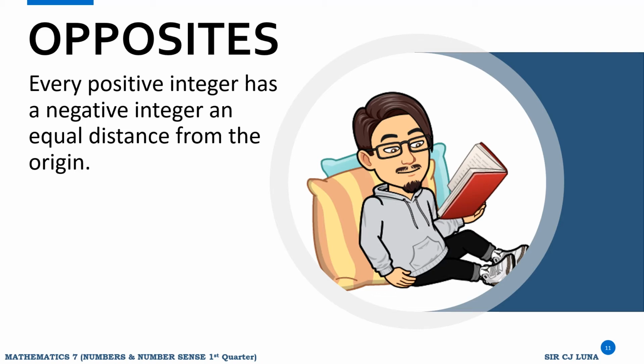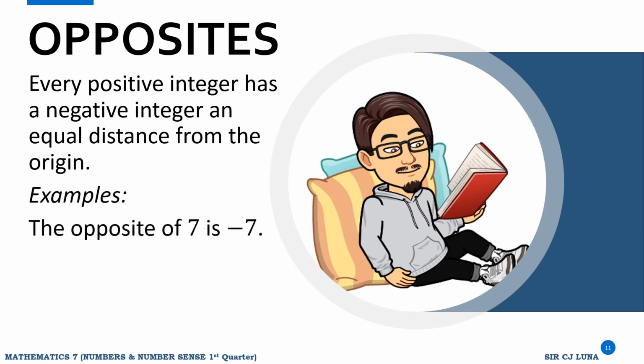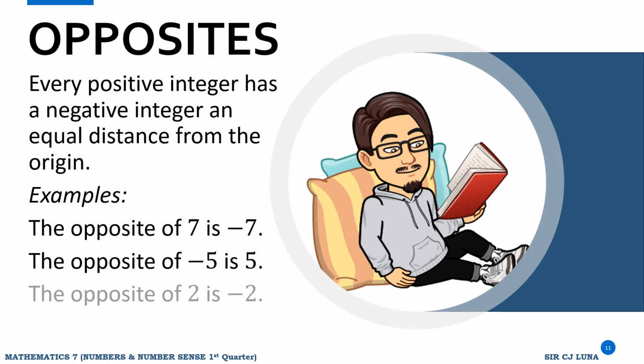When we say origin, ito yung 0. For example, the opposite of 7 is negative 7. The opposite of negative 5 is positive 5. The opposite of positive 2 is negative 2.